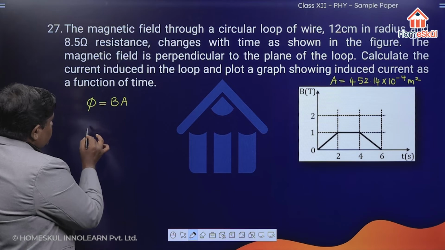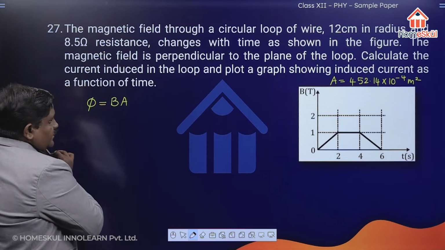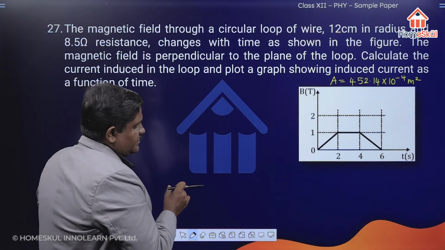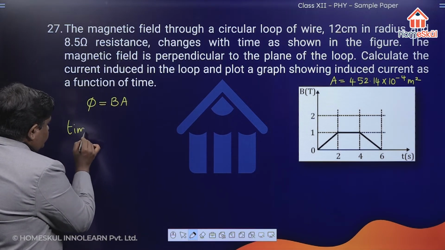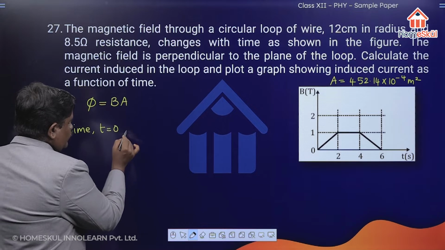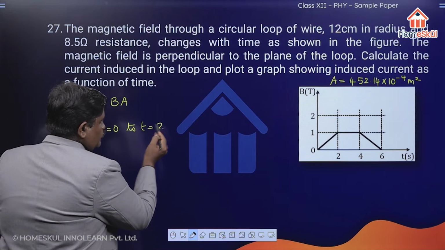Okay, so the induced EMF. First we consider the time interval t equal to 0 to t equal to 2.